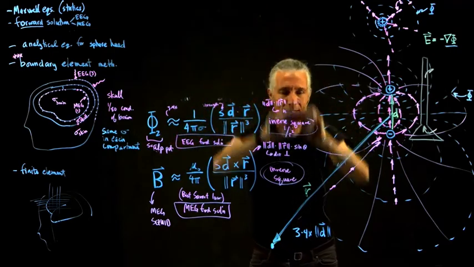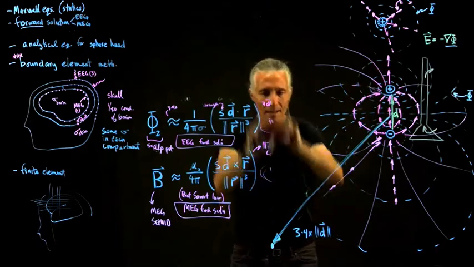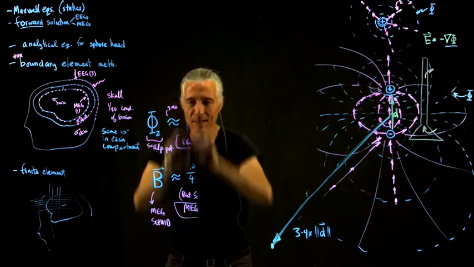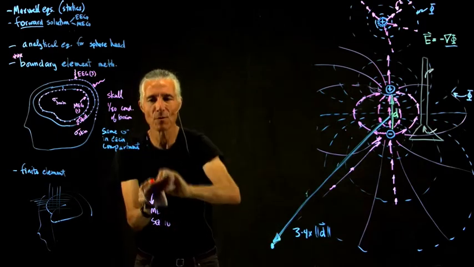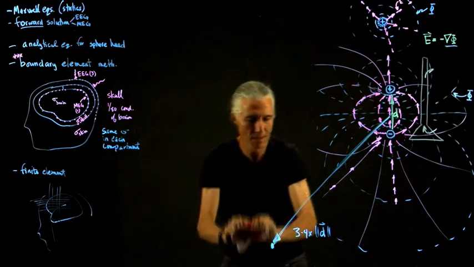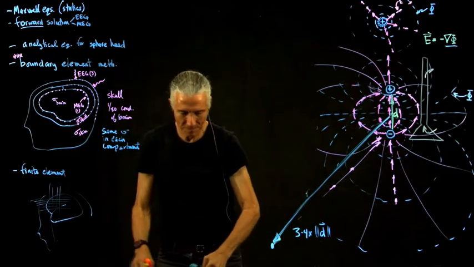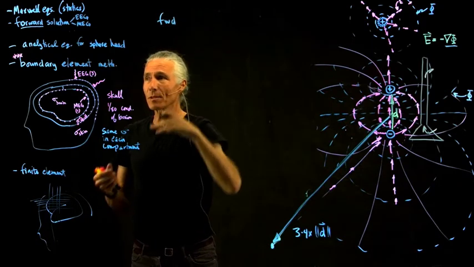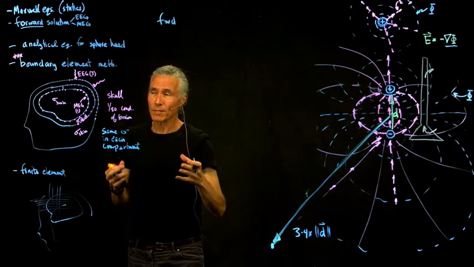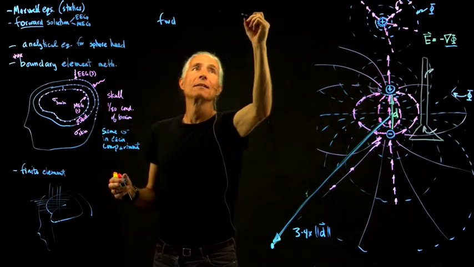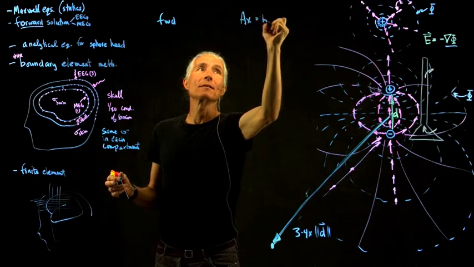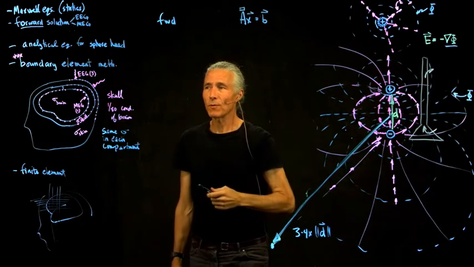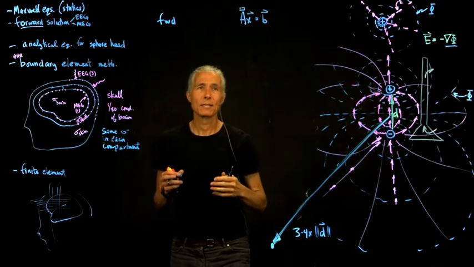And so this critically simplifies our approach to it. So let me just say, what does it mean for the forward solution to be linear? Basically, we can reduce it to just a simple matrix multiplication, like AX equals B. So we can just turn the forward solution into just a simple matrix.